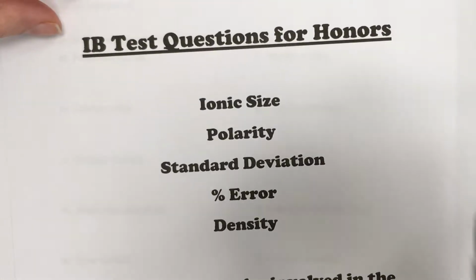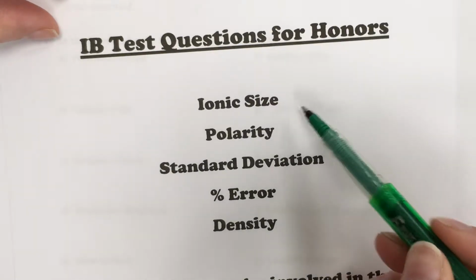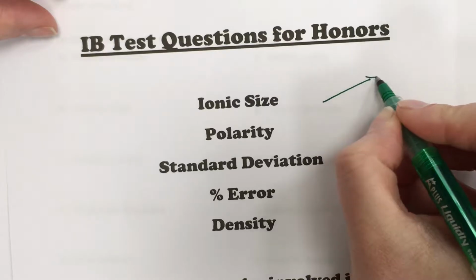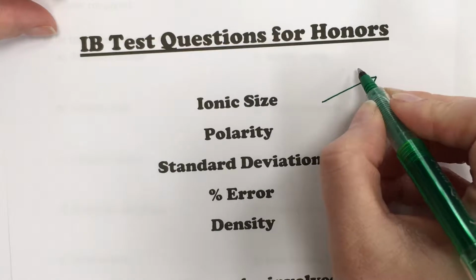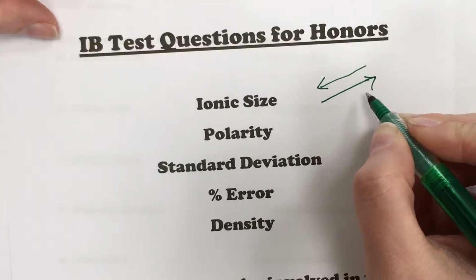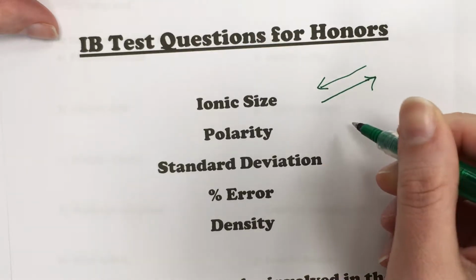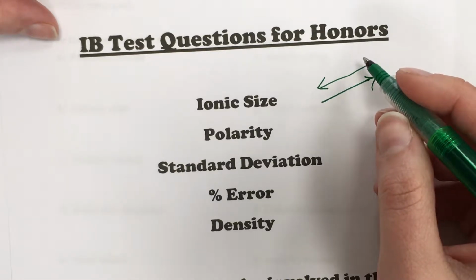You guys will also be tested with IB exam questions on ionic size. So remember the periodic trend, whether it's increasing or decreasing. I think we went over 3 trends, which was electronegativity, ionic size, and what was the other one?